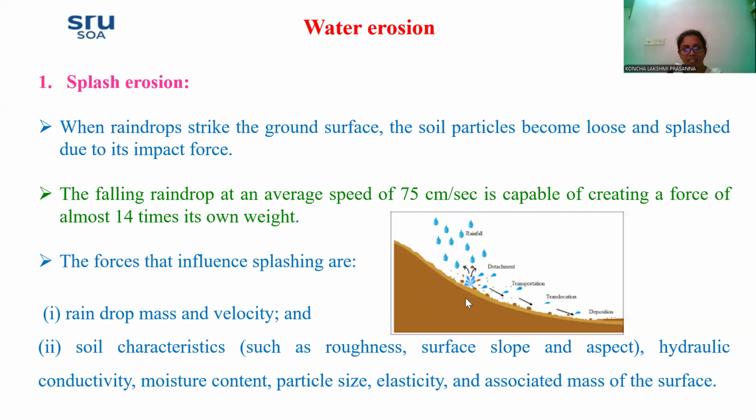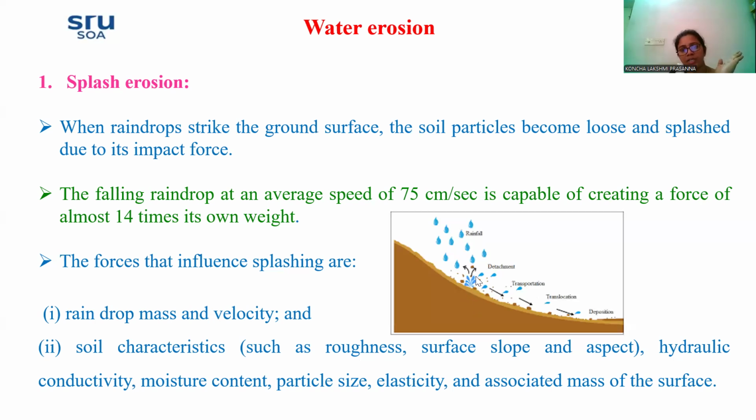So when the rain falls on the surface of the ground, due to the high intensity of the raindrops, the particles which are held very loose, I mean the soil having low organic matter or roughness, or if the slope is very high, or when the particles are very loose in nature, because of the high intensity of the raindrops, the particles are broken down and detached from one particle to the other.